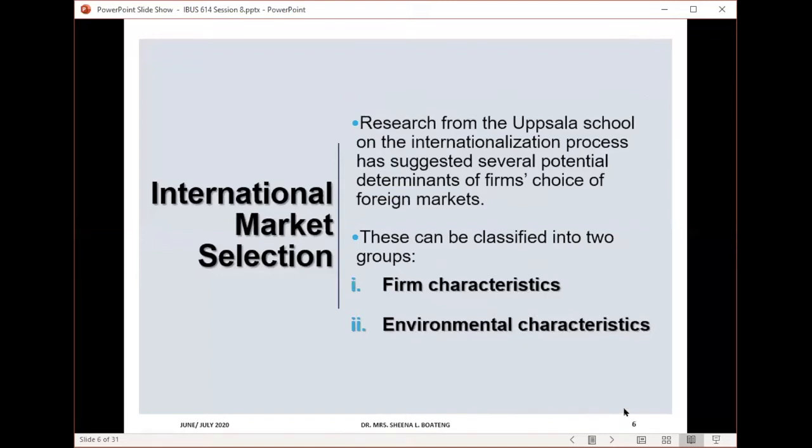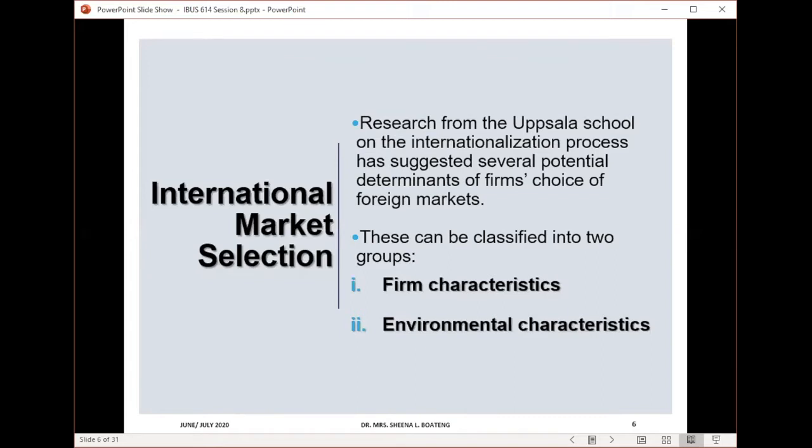Now, when it comes to market selection, firms decide the basis on which they want to select the market. However, they have to go further to look at the nature of the choice of their market based on what they feel they can handle and what they believe they cannot handle. In the beginning of our course, we learned about the environmental factors and the unique effects that these have on the decisions and strategies of global marketers.